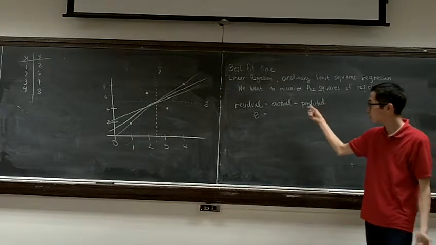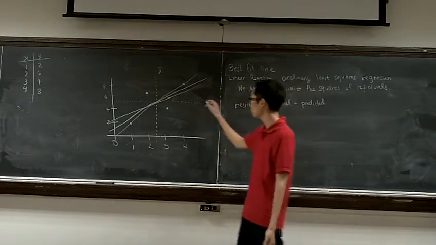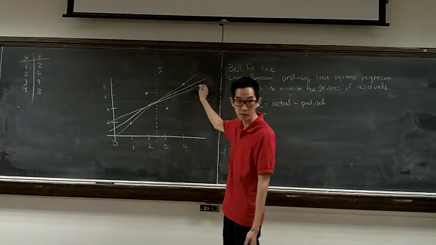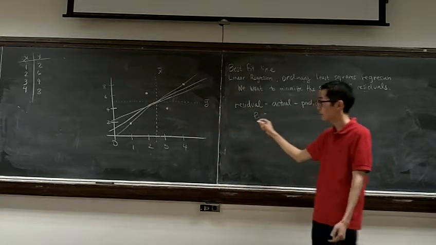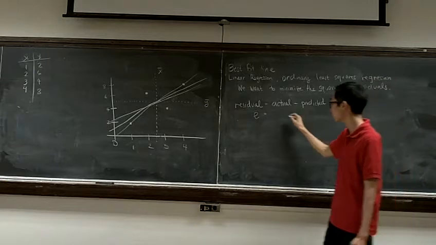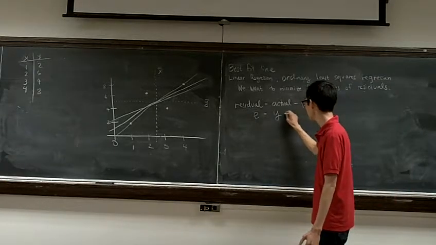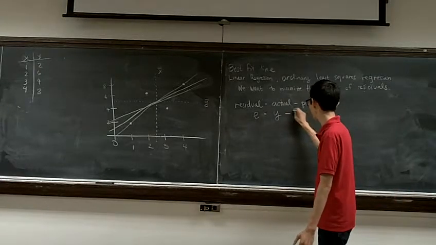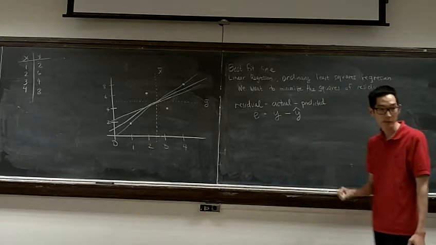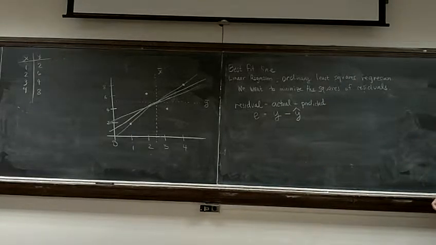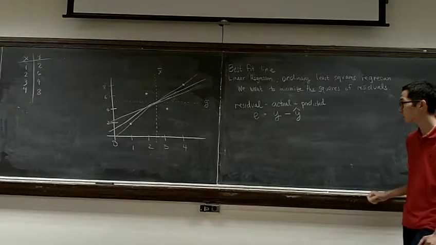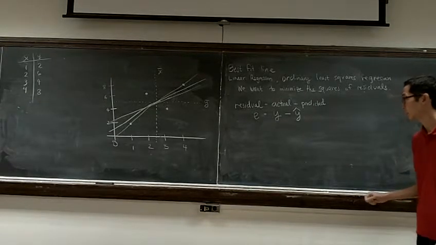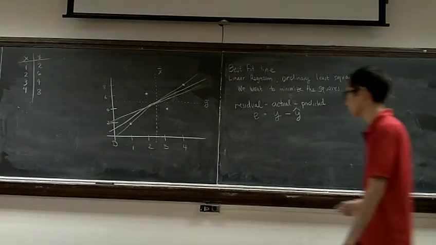In linear regression, the prediction is defined by the line, the prediction line. Okay, and so the actual data point is your y value, and the predicted data point is your y hat. Okay, so let's say we have two candidate lines here.